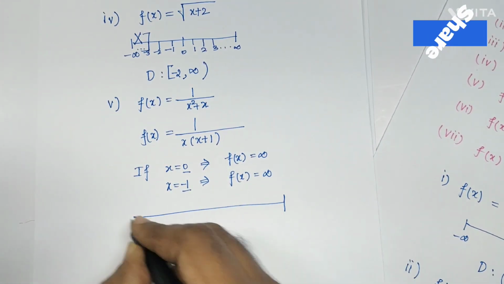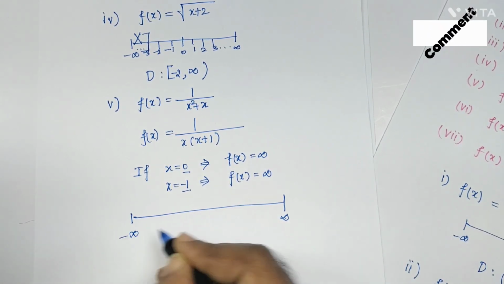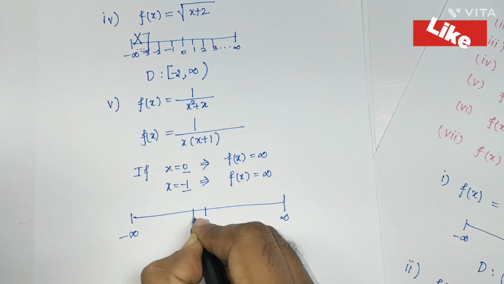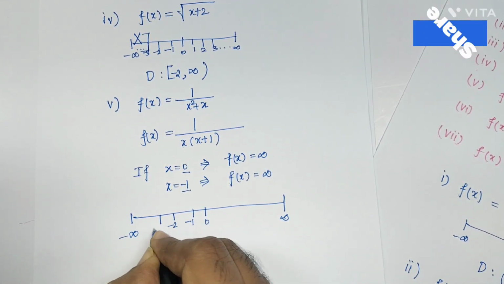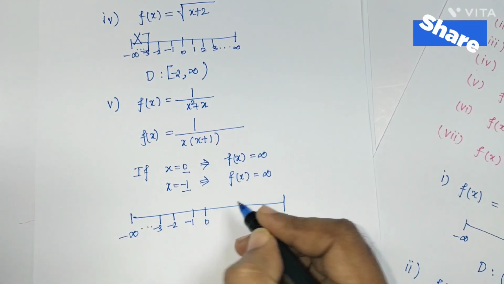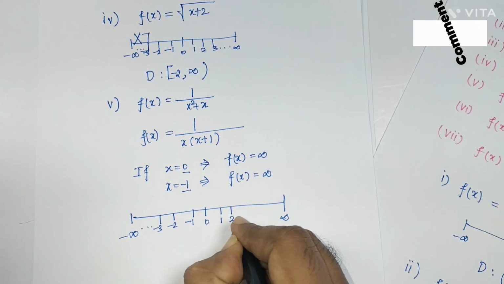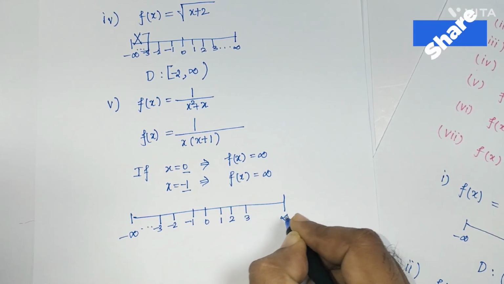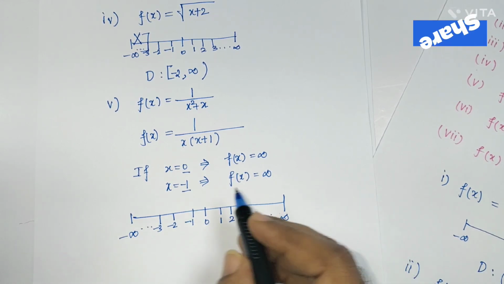How to write the domain here? For example, you can write the real number line. This is plus infinity and this is minus infinity. The center point is 0. Here we'll write minus 1, minus 2, minus 3, an infinite number of terms. Here we can substitute 1, 2, 3, up to an infinite number of terms.